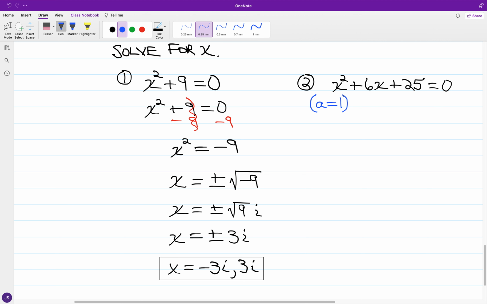So for x squared, any other way to read this is 1x squared, so we have a is equal to 1, and for 6x, b is equal to 6. And we have that c is equal to 25.